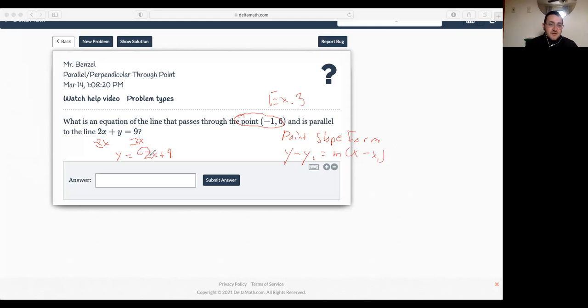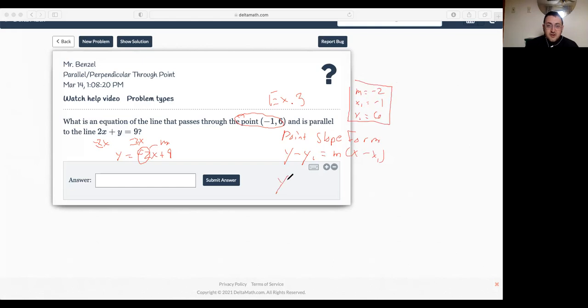Your slope is given once we found the y equals mx plus b. So I like to keep score, and I write down what my slope is. So my slope is -2. My x1 is -1, and my y1 is equal to 6. And I'm going to put that in a box.